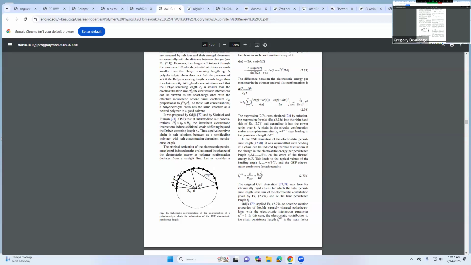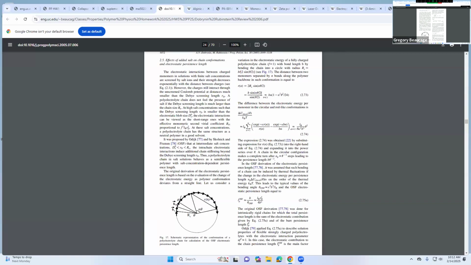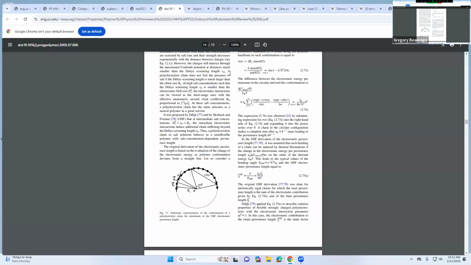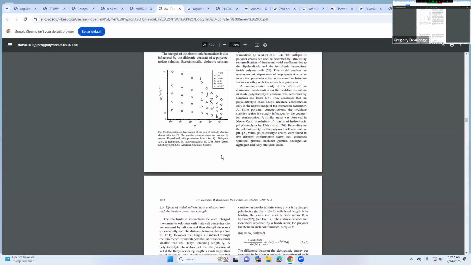I'm not an expert, by the way, but they give some equations that you can't exactly read, and maybe you could weasel through this and figure out what they're talking about, but basically you end up with this equation, which scales the persistence length due to the OSF as a linear sum.